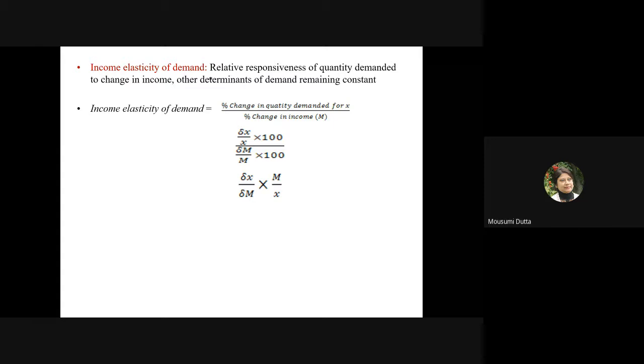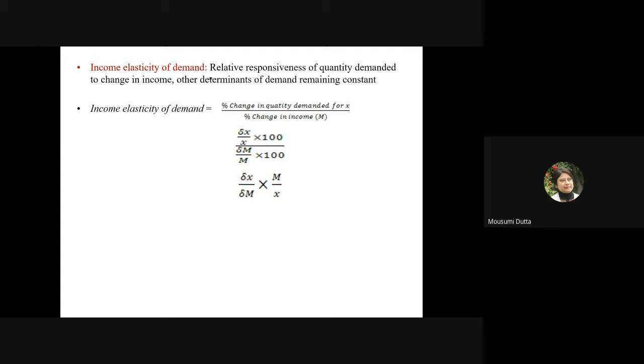Income I am denoting by capital M. So percentage change in quantity demanded for X due to percentage change in income M: del X by X into 100 divided by del M by M into 100. That is equal to del X by del M into M by X.